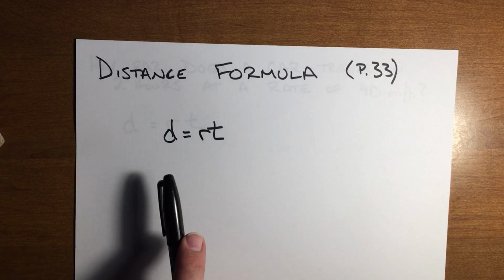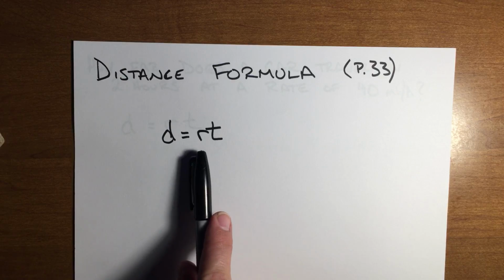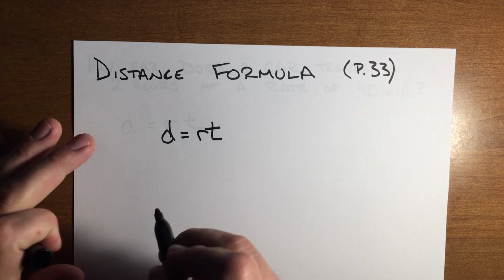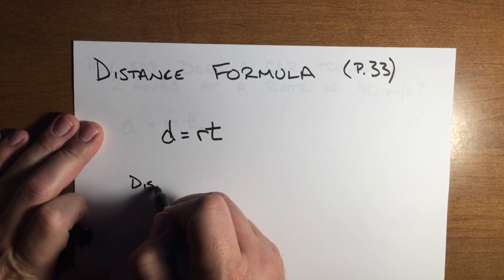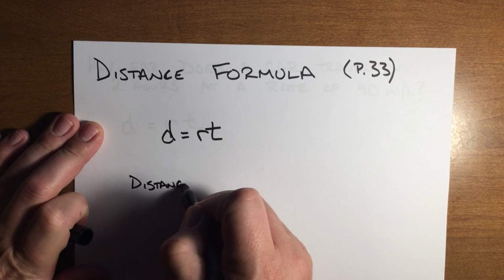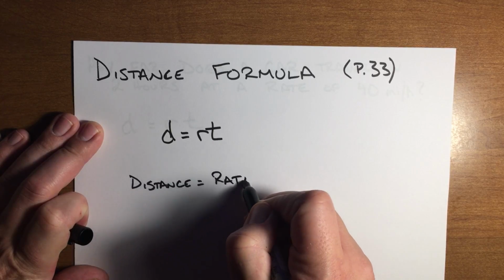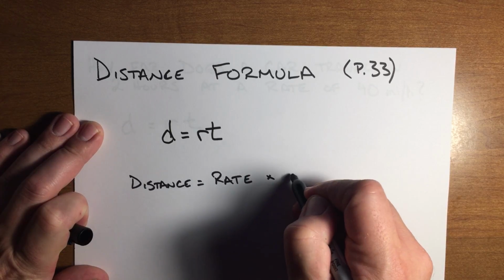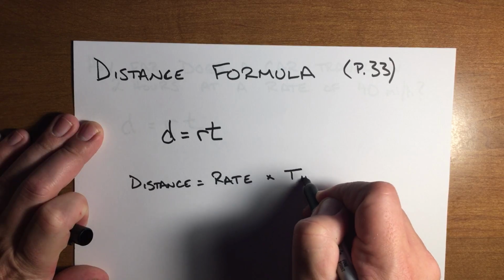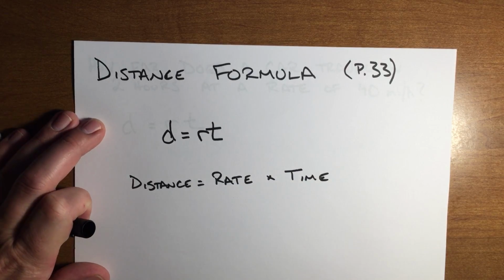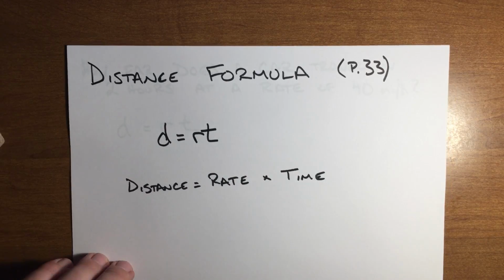Distance formula is as follows: D equals R times T. The D stands for distance. Your distance is equal to rate times time. Distance equals rate times time. Okay? D equals RT.